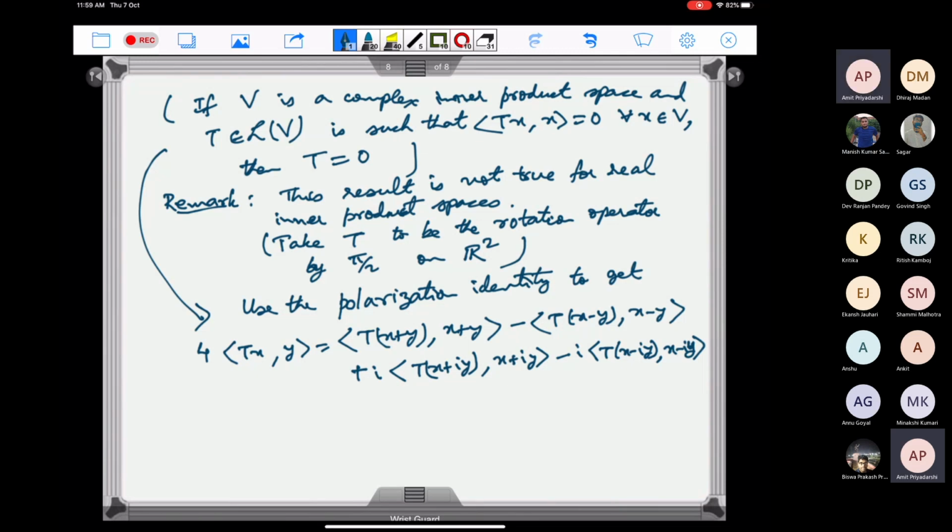So you can check that from the polarization identity you can prove this.